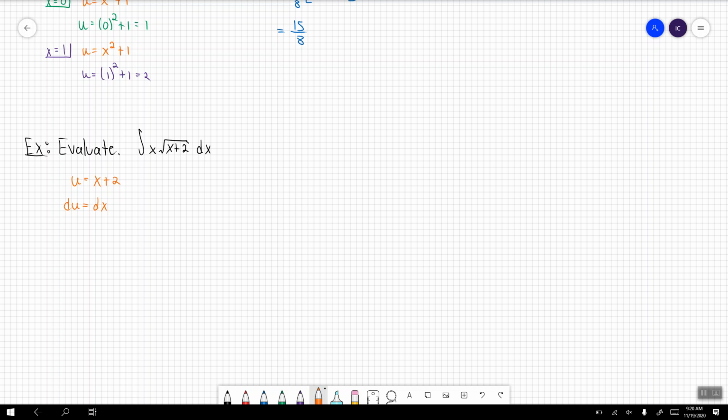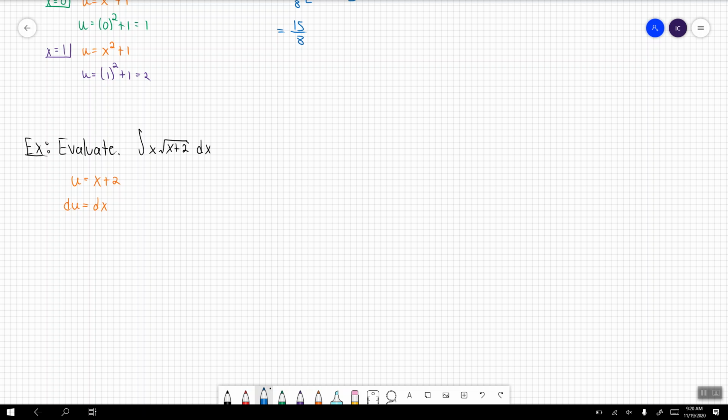So therein lies an issue. However, there is a way around that issue, and the way around that issue is going to be for us to make a resubstitution for what x is. Because again, our overall goal is to get a new integral with only one variable. So let's try that.